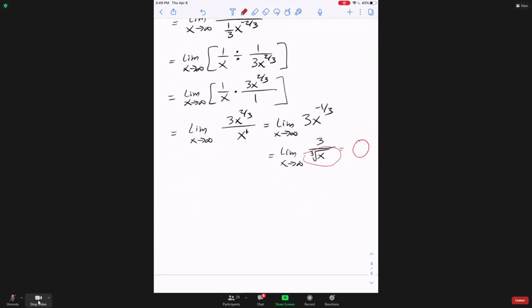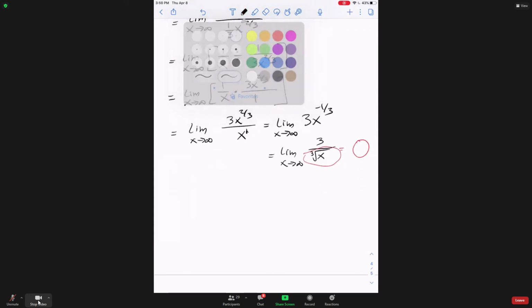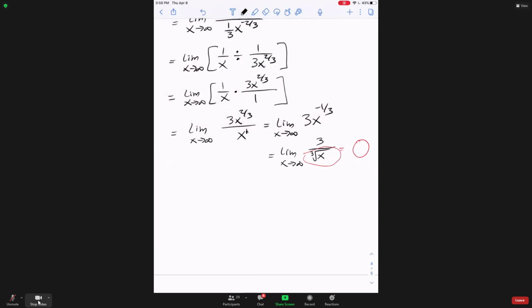Let me have you guys do one now. By the way, when you're doing problems in this section, feel free to use any technique that you learned previously in this class, like factor, multiply by the conjugate.